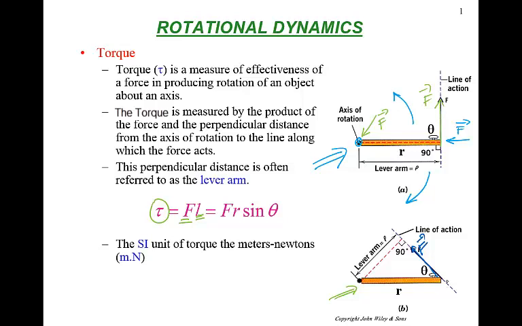The dashed line, this one here, is known as the line of action. The line of action is the line along which the force is acting. So basically the force is acting along that same direction, which is the line of action. Very easy to find the line of action.